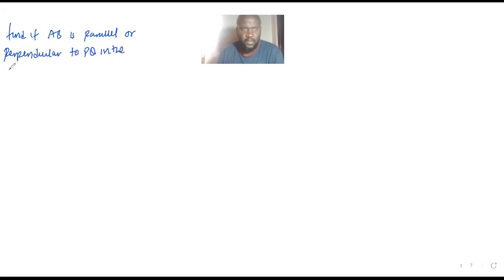Okay, examples, guys. Find if AB is parallel or perpendicular to PQ in the following cases.